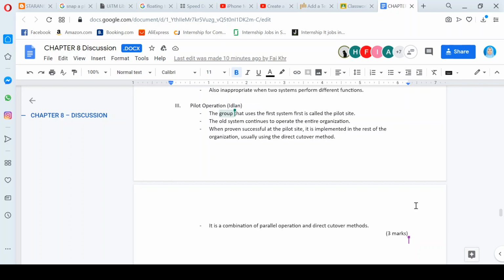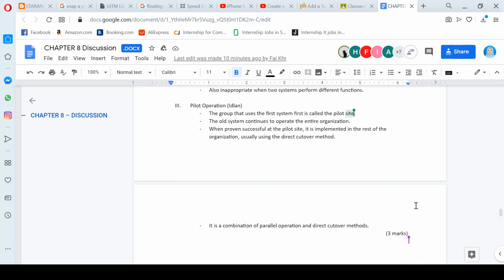Where in the pilot operation, the group that use the first system first is called the pilot site. So maksudnya, we have UiTM, we have 13 branches. Okay, so kita ada 13 campus. So kalau dekat sini kita bagi contoh uFuture dengan Island.